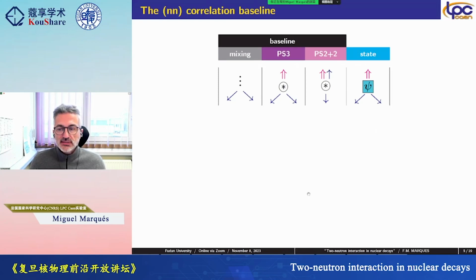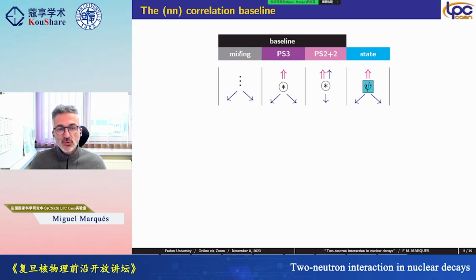And just to end this first part, the introduction: when we talk about correlation, we have to understand with respect to what. So what is the baseline? We are measuring something. How can we say it is correlated? So there are different baselines. For example, the work we did at GANIL at the beginning, and also in many other fields when people use interferometry, is event mixing.